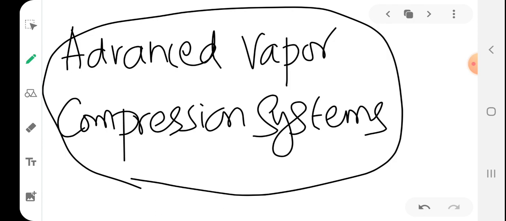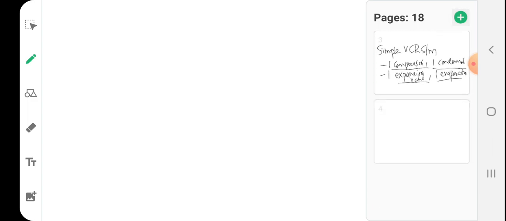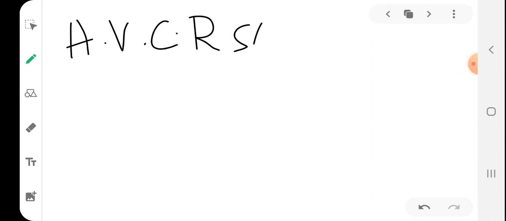There are different types of advanced vapor compression systems, and usually they are classified into three. The first one is the multiple compressor system, the multi-stage compression system.